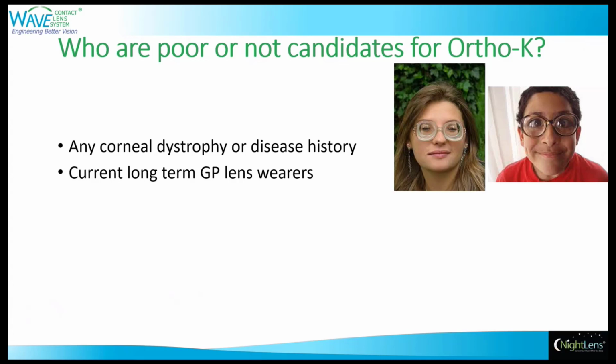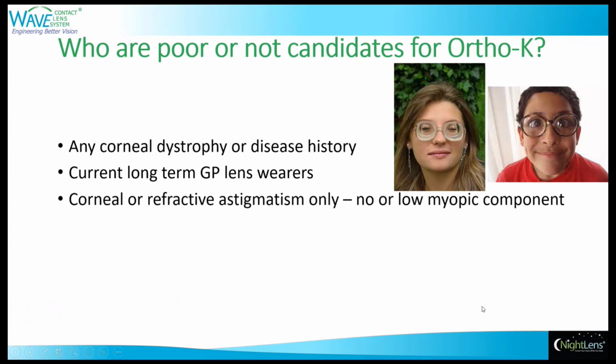If they remove the lenses and you do a topography, they may have near spherical central cornea, but as they withdraw and don't wear their gas perm lenses for a period of time, they could end up with 2 to 3 diopters of corneal astigmatism, which actually kind of makes it even more difficult to work with Ortho K. So just be careful of these long-term gas perm wearers. They can be easy or impossible.